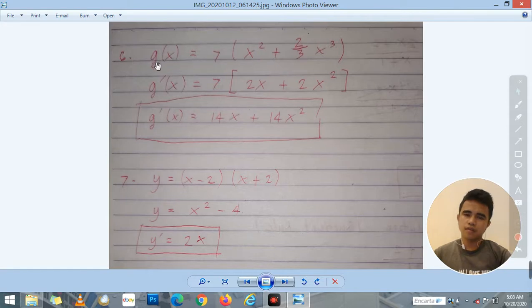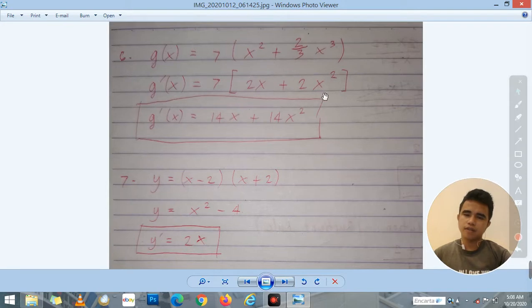Okay, this g here, don't be confused if we use f sometimes, we use g sometimes, or h. They are just the same. We just use a different letter of the alphabet. Okay, applying the derivative, copying yung constant, and then we derive individually yung bawat terms ng function natin.